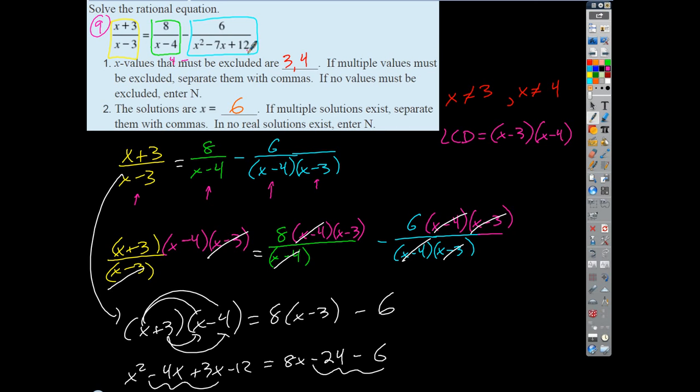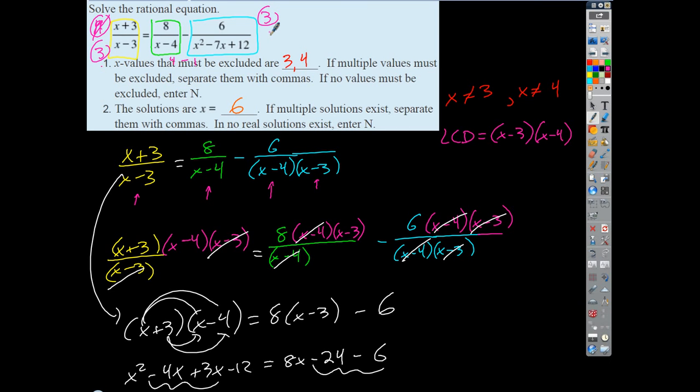So we end up with 4 minus 1, which is 3. We don't get 9 on the left side, we get 3. Whoops. If I plug in 6, I get 9 over 3 is 3. And so sure enough, we get 3 on the left and 3 on the right. So it does check out.